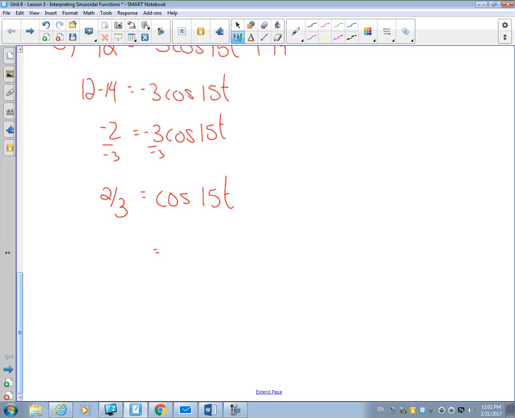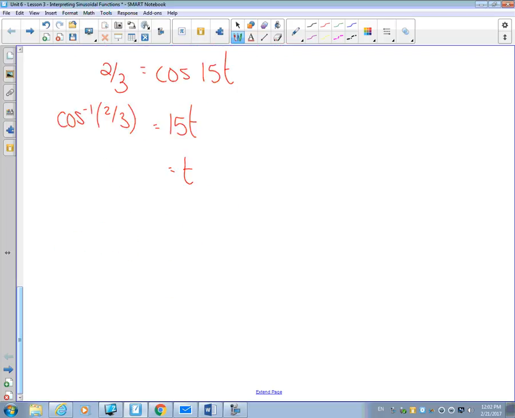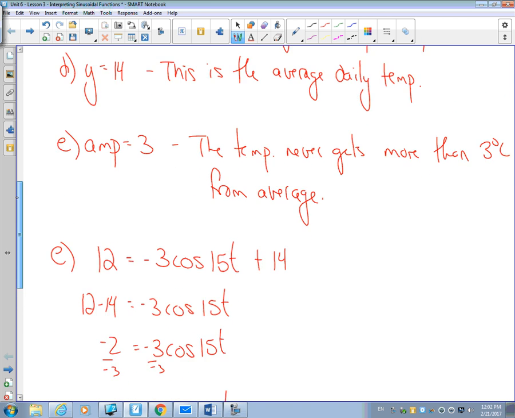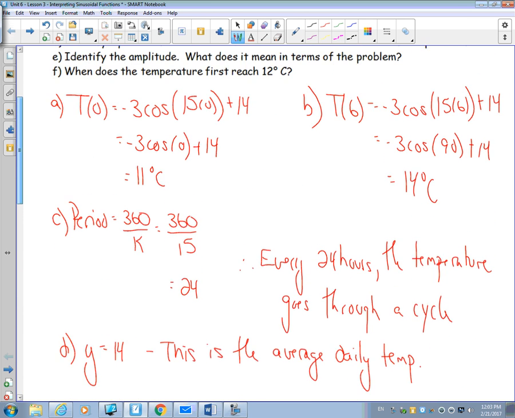If I want to get rid of the cos, I can bring it to the other side and do the inverse of cos. I'll be left with 15t. So I'll punch that in my calculator, whatever the inverse cos of 2/3 is. It comes to about 48.19. Actually, sorry, that's 15t still. I want to solve that for t. We're going to divide by 15, and t comes out to 3.21. Okay, so when do we first reach that temperature? At 3.21 hours after we started.